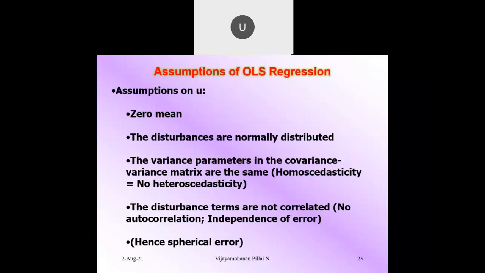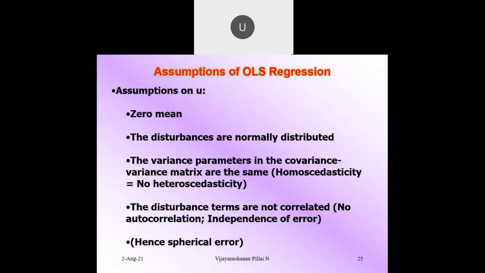If these three assumptions are satisfied, then our error term U is called a spherical error. By a spherical error, we mean that the error term satisfies these three assumptions, except the second one. It need not be normally distributed.